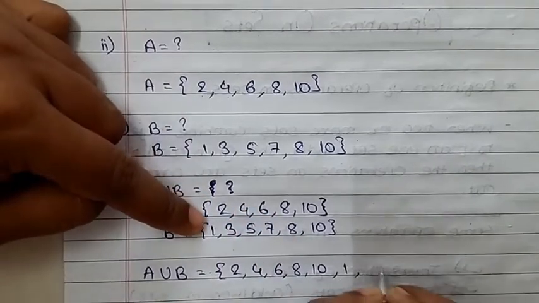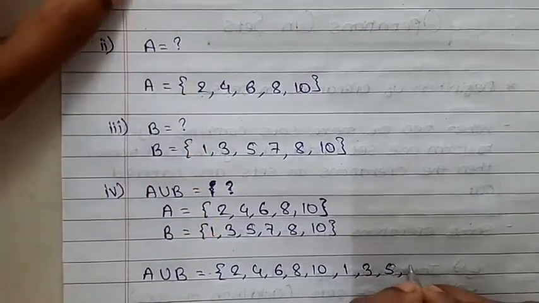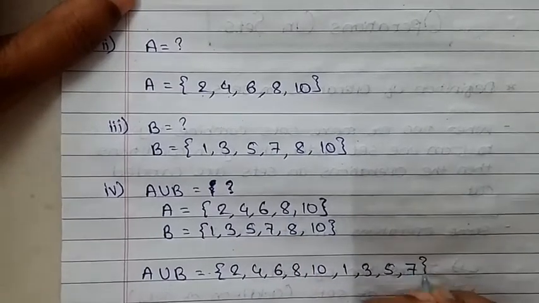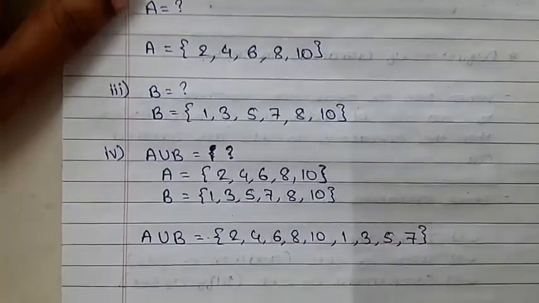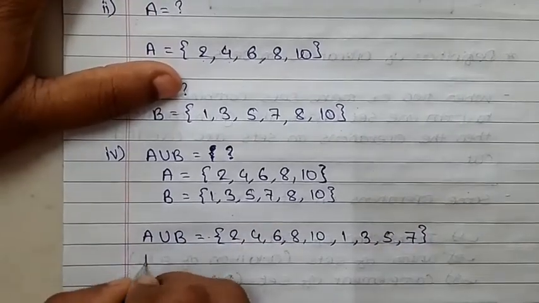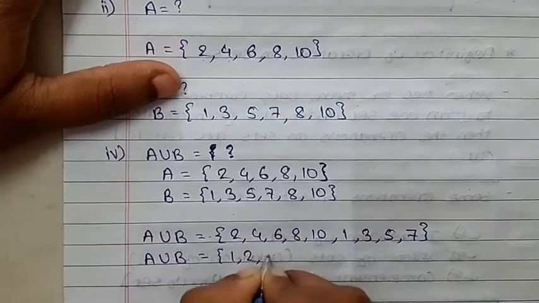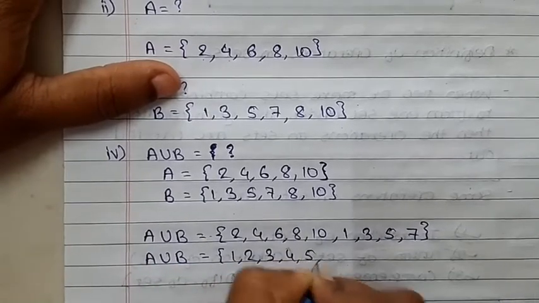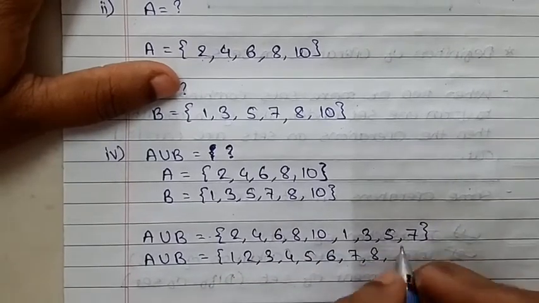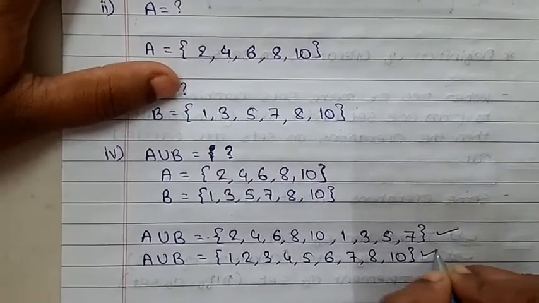No. So write down 1, 3, no, 5, no, then 7 is also not, and 8 and 10 are already present here. So therefore A union B is calculated like this. Okay, or you can write sequentially also. How to write sequentially? That is 1, 2, 3, 4, 5, 6, 7, 8, 9 is not there, then 10. This set is also correct and this set is also correct.